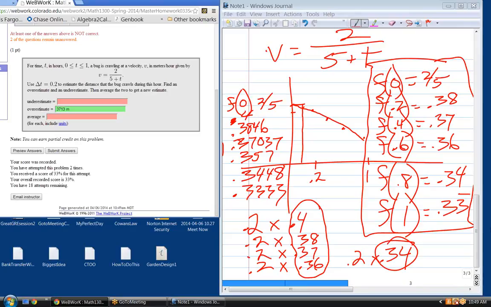All right, so now that we have our numbers, the right hand, you should be able to see by now, is going to be the sum of those 5 numbers multiplied by 0.2. All right, it's 0.358. Underestimate. That's only 3 decimals. And meters.